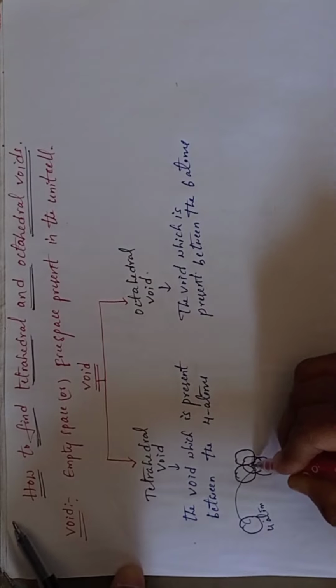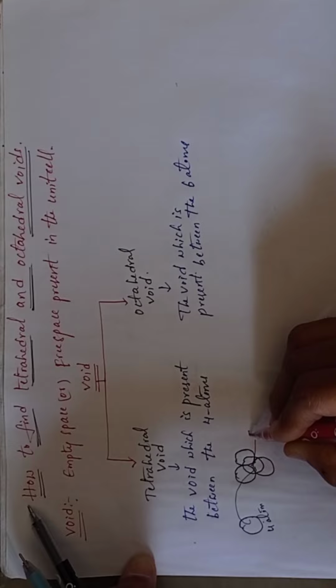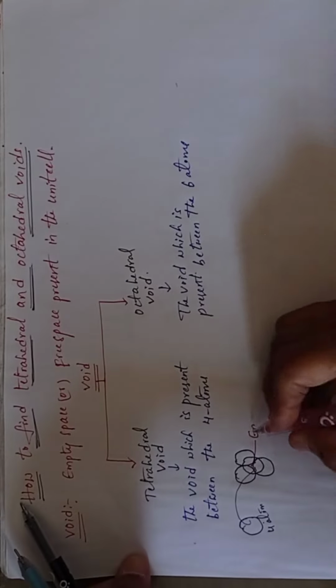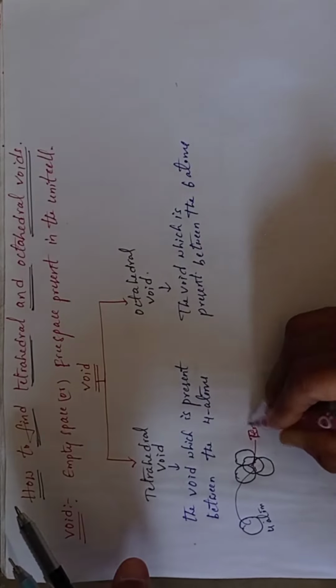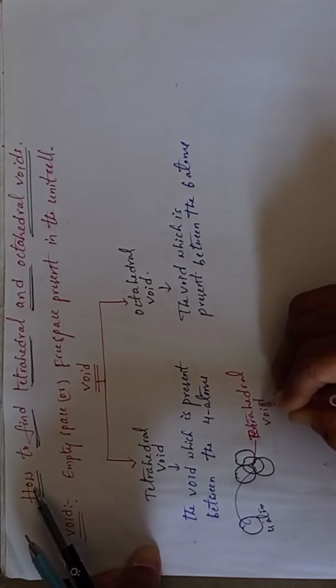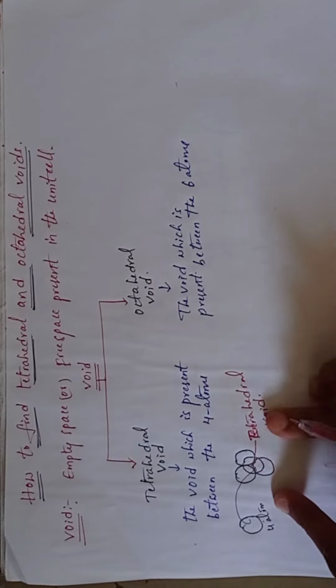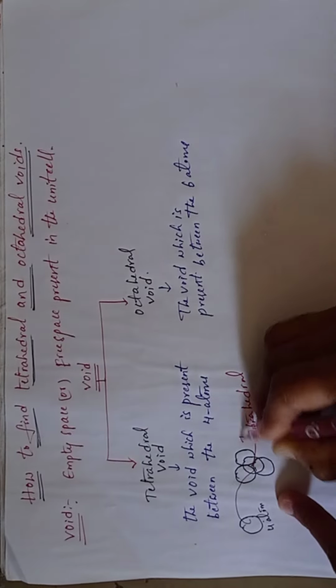This empty space present between the four spheres or four atoms is called the tetrahedral void. Understood? That means the void which is present in between the four atoms is called the tetrahedral void, students.